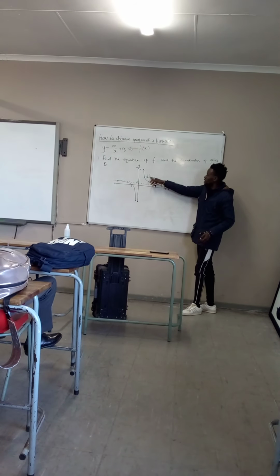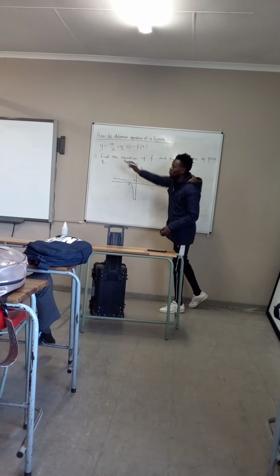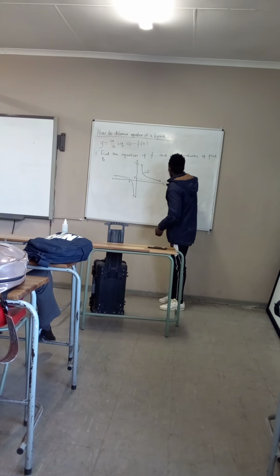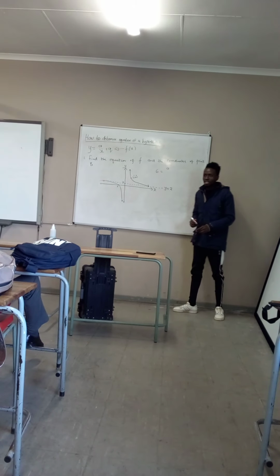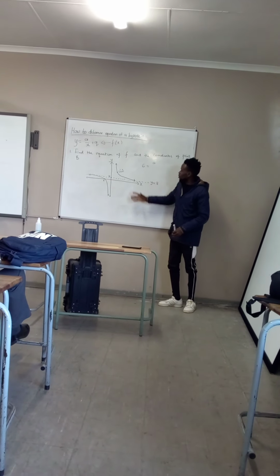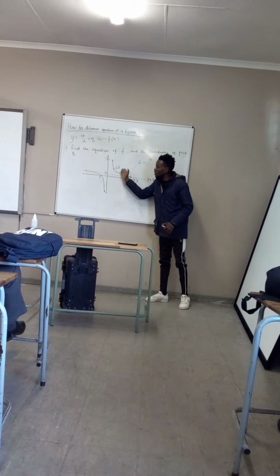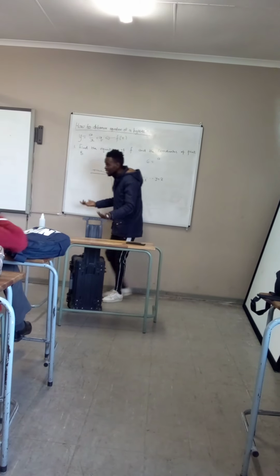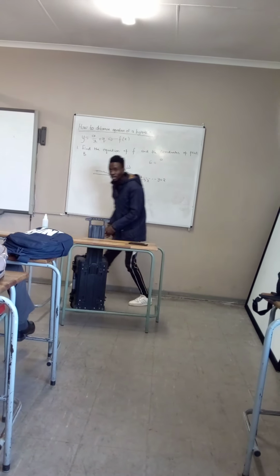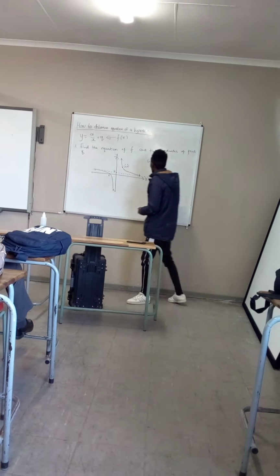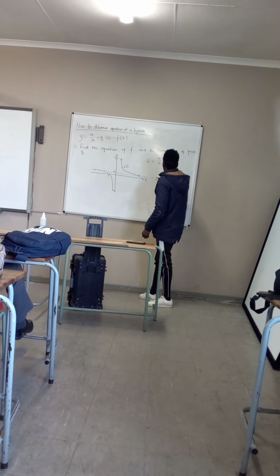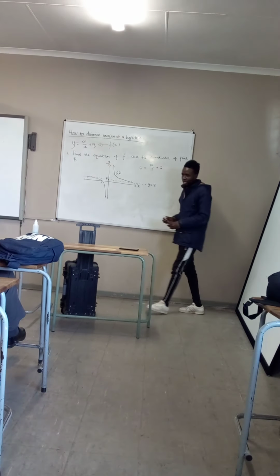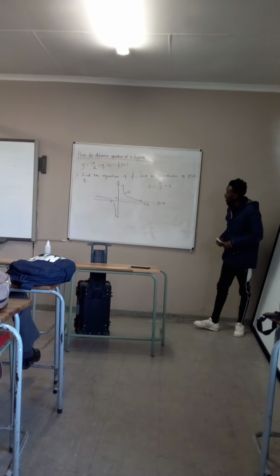We are given this point. Our y is 6, and our a is unknown because we are calculating it, but we know that our a must be greater than 0. We have 6 equals a over 2 plus 2, where 2 is the value of my q.